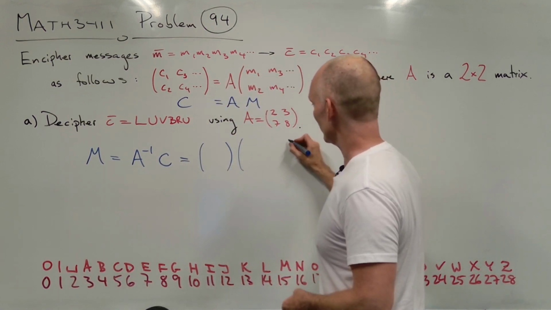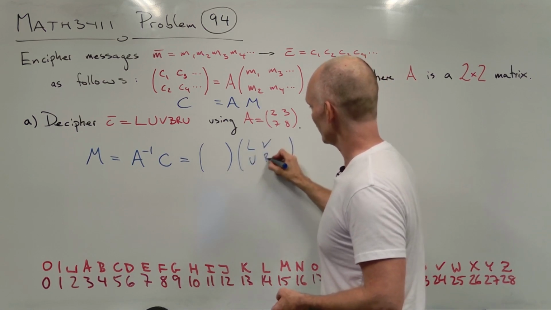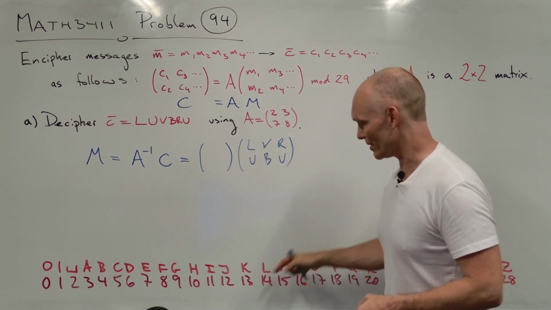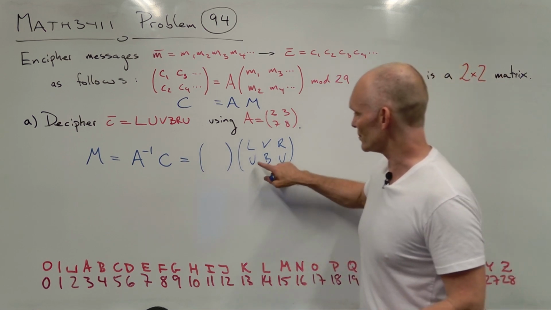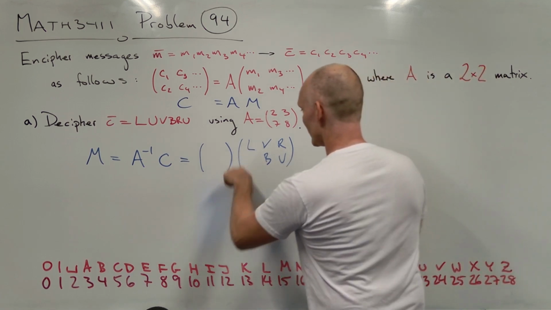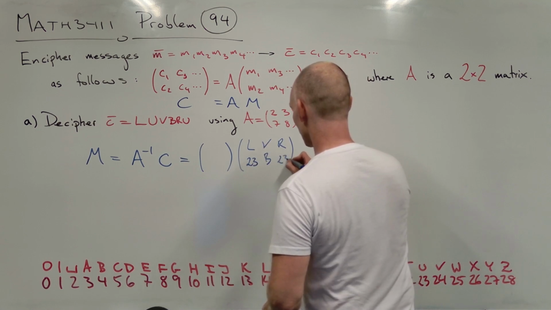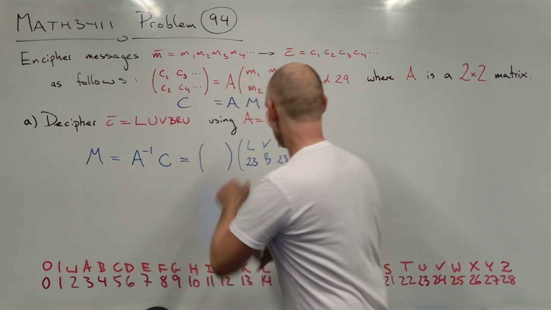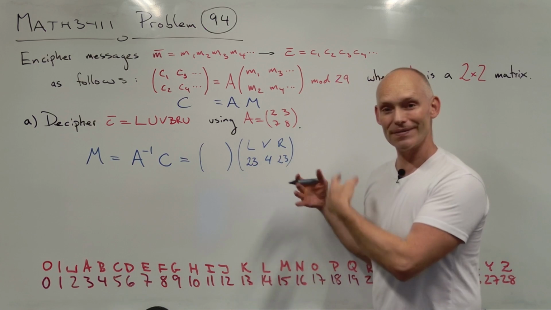That's given by a little 2 by 3 matrix with love brew like so, except that we have to replace these letters by the equivalent numbers down here. For instance, the U's here are 23s. So if we have 23 there and 23 there, and then the B, that is equal to 4. So if we get rid of the B and just call it a 4, then we've done half of this translation.